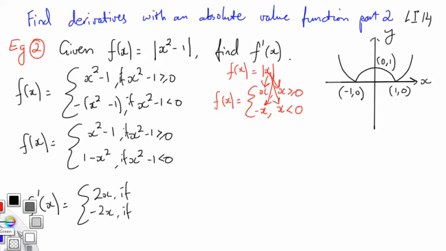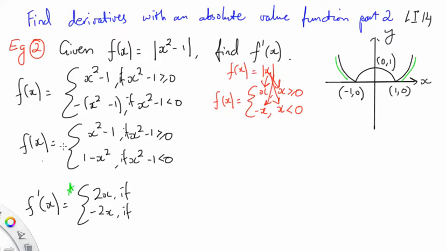The way I like to think about it is over on this graph here, this part of the function is unaffected by the absolute value on the outside. You would get this part anyway, wouldn't you? So that must be the part that has the derivative 2x.